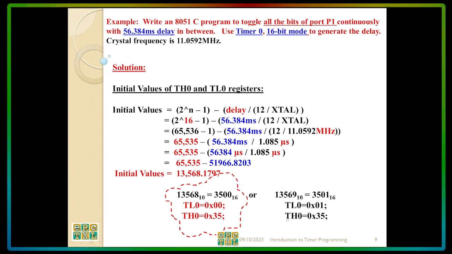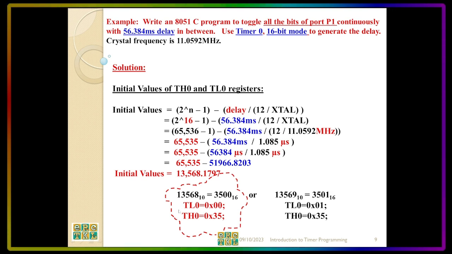Again, in the discussion before, we have been talking about what the timer will do. It counts up from a specific value, which is the initial value that you assign to the low byte TL and the high byte TH. In other words, the 56.384 milliseconds that we want for our delay can be done by programming TL0 as 0x00 and TH0 as 0x35.